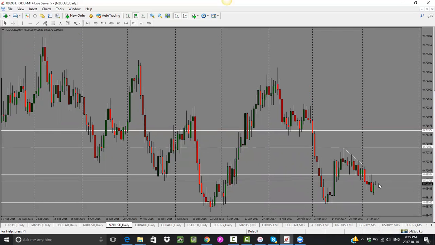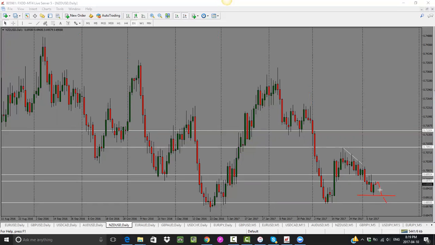If it reacts to this resistance, we could see another one of those test the resistance and then drop kind of scenario. In this case, the first target would be the bottom of this green candle, and then the second target would be this 68.93 or 69.00 level.